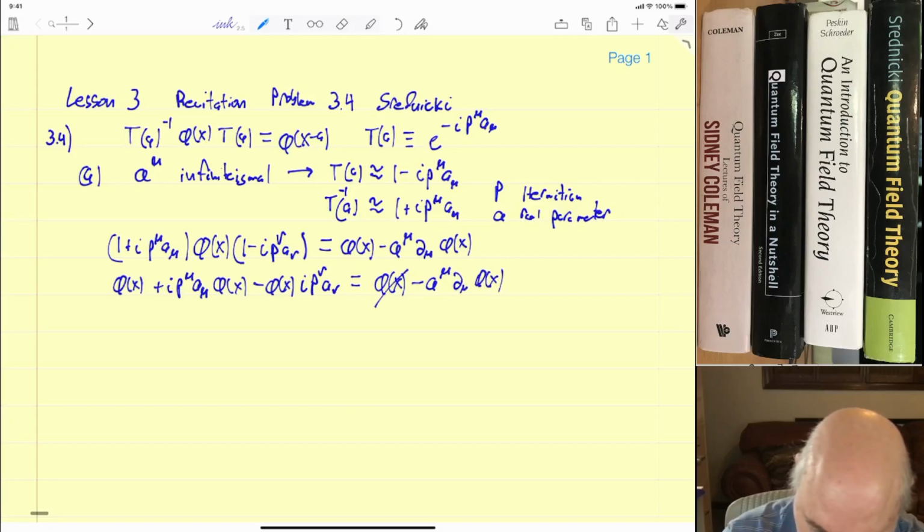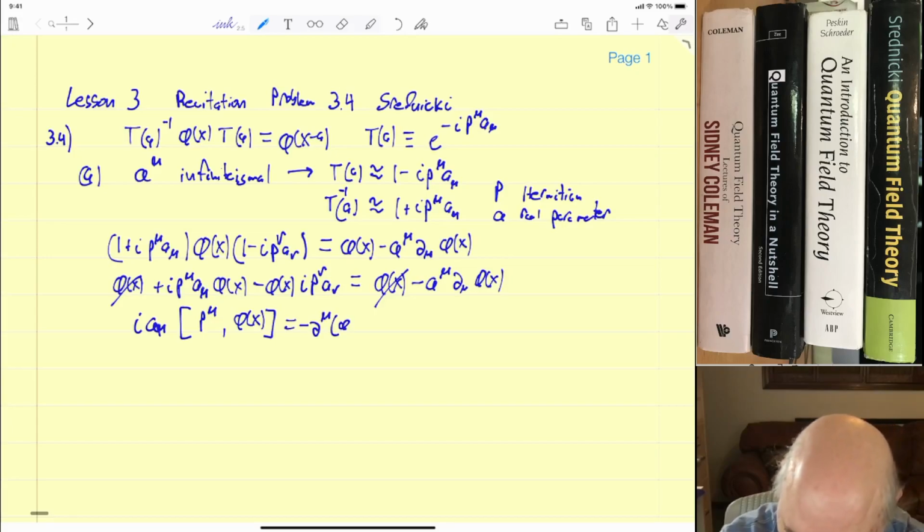So the phi's cancel from both sides of the equation, and we're left with I. Now we can change this to mu so that we have the same term here. We're going to get I A mu, the commutator of P mu, comma phi of x, is equal to minus the partial of mu.